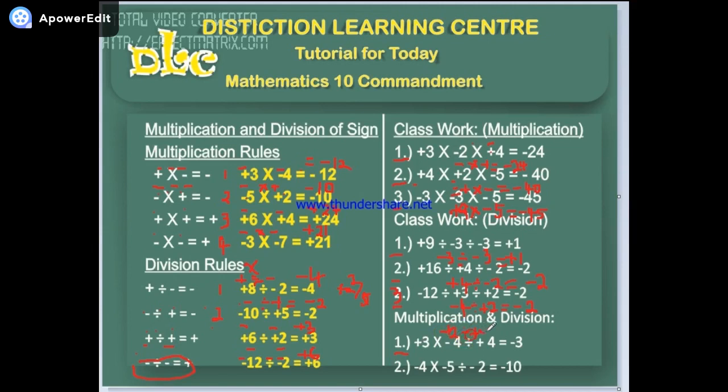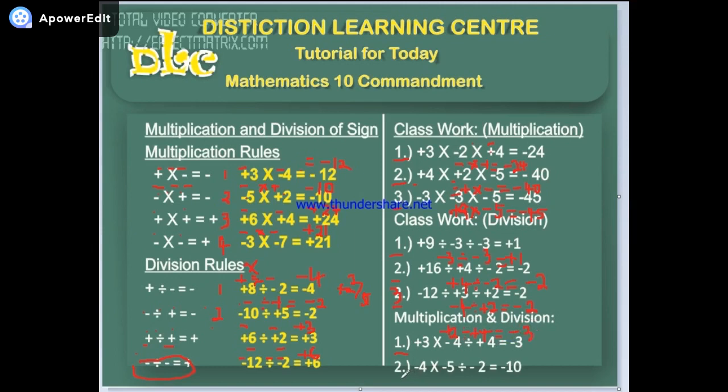Minus divided by plus will give us minus, and 12 divided by 4 will give us 3. So definitely our answer will be minus 3.